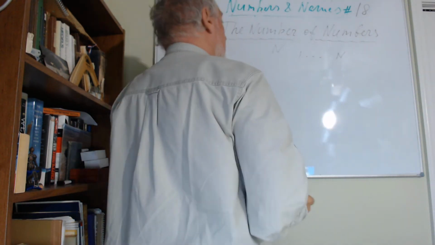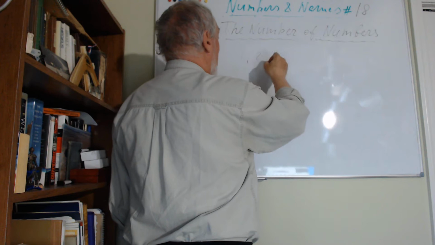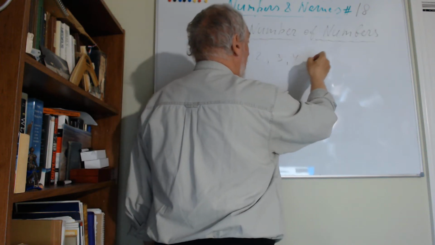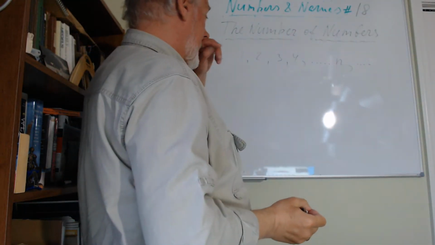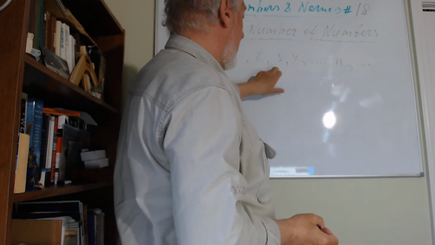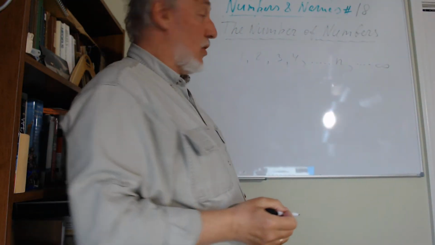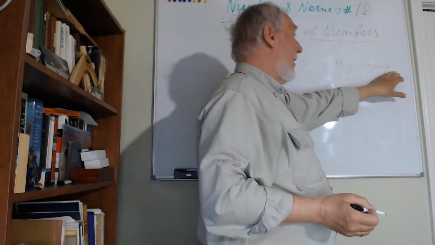Now the so-called natural numbers: 1, 2, 3, 4, some number n. Can we count them? Yes. It's 1, 2, 3, 4, n, and then some infinity. So it's easy to count, and this is an infinite amount.